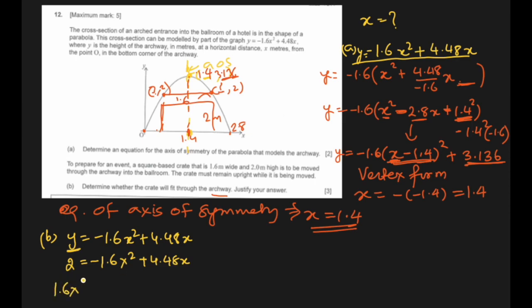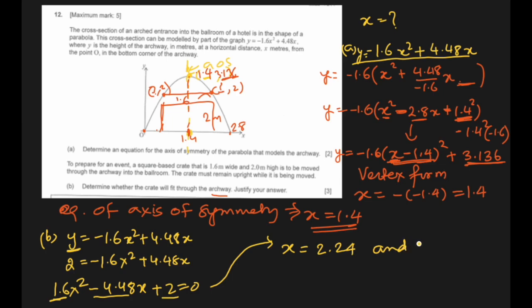Let's bring them to the left side. It becomes a quadratic equation: negative 1.6x squared plus 4.48x minus 2 equals 0. We'll again use our calculator. Put these in as a, b and c, and it gives us solutions straight away. What I'm getting in my calculator is 2.24 and 0.557. So the smaller x coordinate is 0.557, and the other is 2.24.